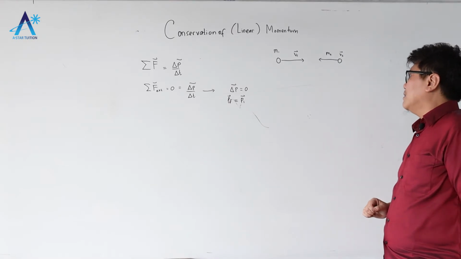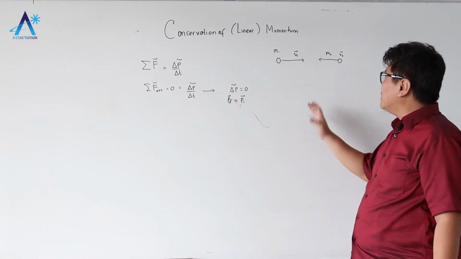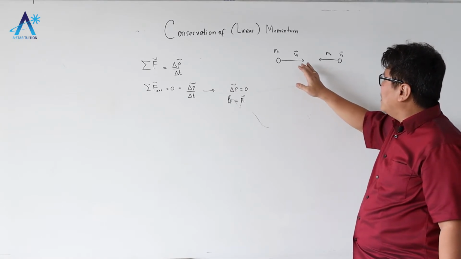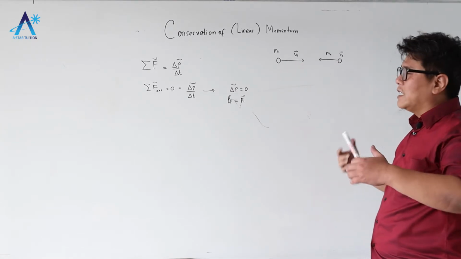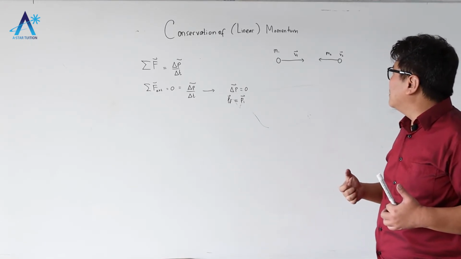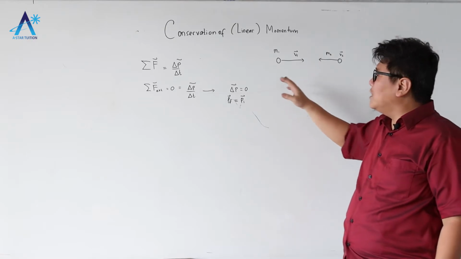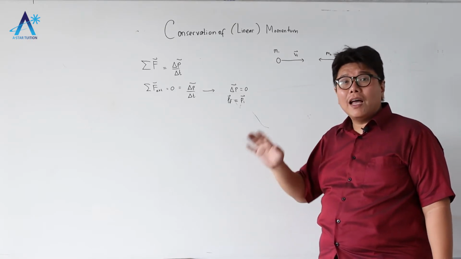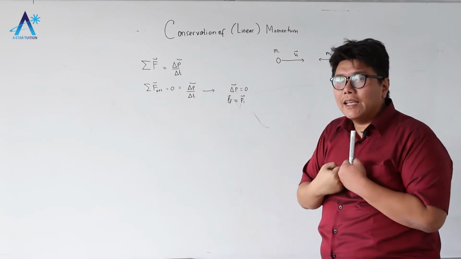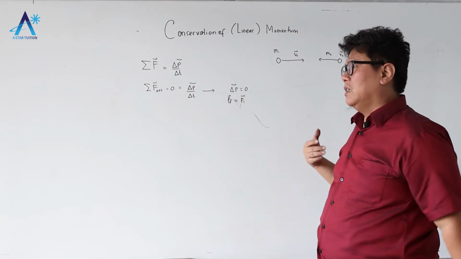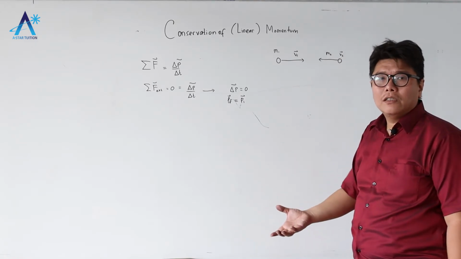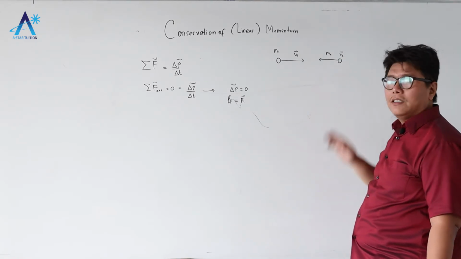Even though each individual particle experienced a change in momentum, there is no external force acting. There are internal forces, the ones I mentioned earlier: when they collide, they each experience forces. And these forces are internal to the system if we regard this as the system.